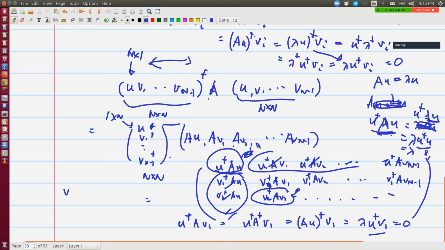That's V2 transpose A V1, and this is V2 Hermitian A V1. So if I want to look at the Hermitian of this, what is that? The Hermitian of this will be, I need to switch the order here and then do the complex conjugate, right?